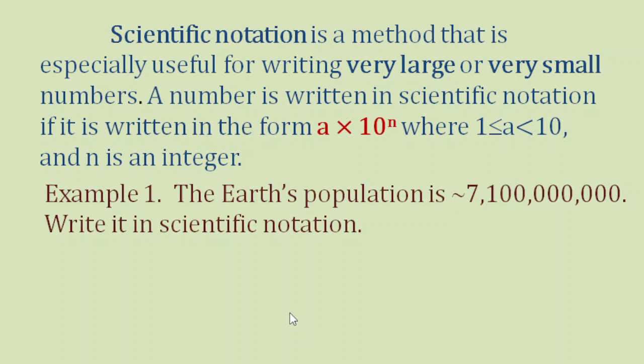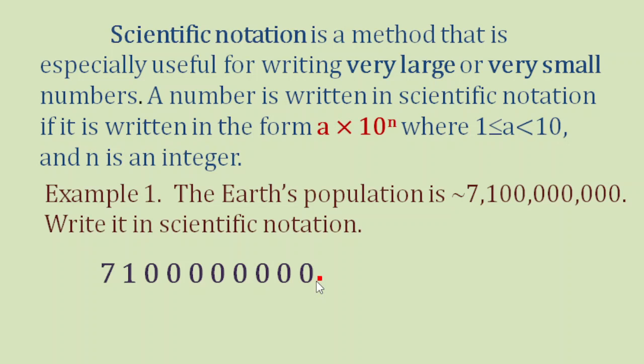Now, example number 1. The Earth's population is 7,100,000,000. Write it in scientific notation. First, we will copy down the number. Now the decimal point is here after the last zero.